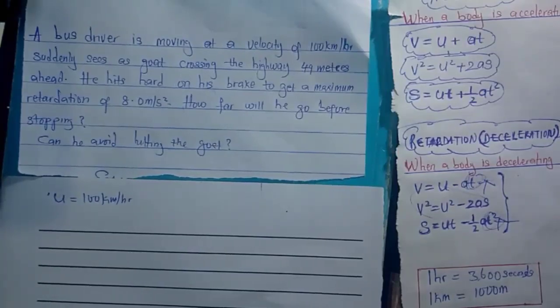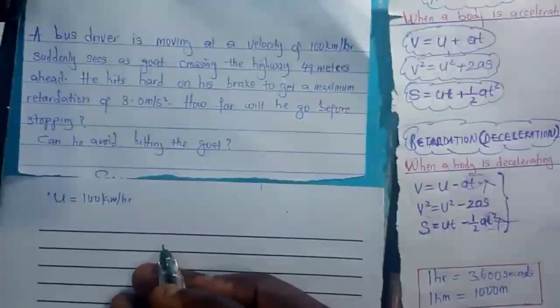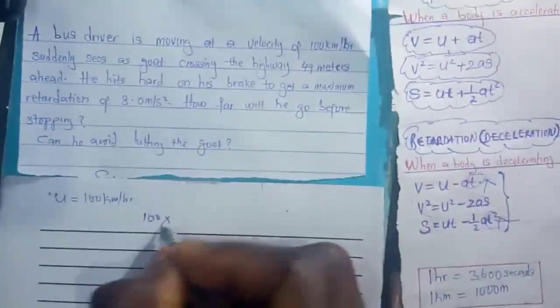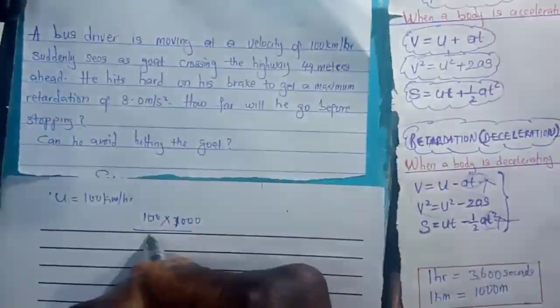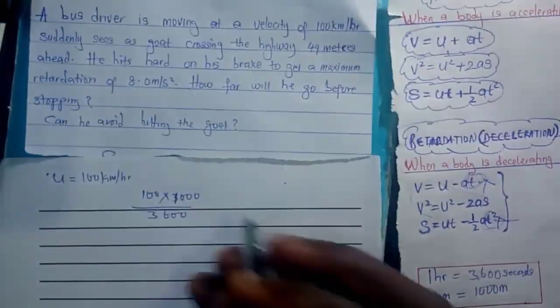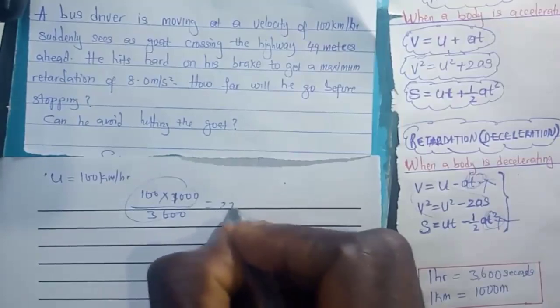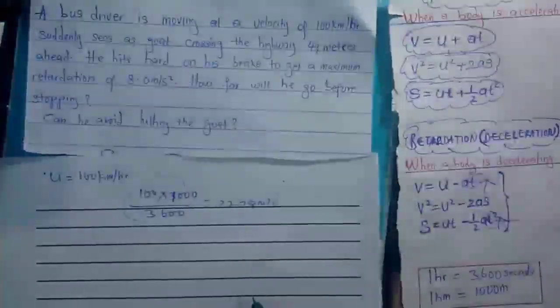And how do you do that? Whenever you are converting a value from kilometer per hour to meter per second, multiply that value in kilometer per hour, say 100 as given here, by 1000 and divide by 3600. When you carry this out on your calculator, you arrive at 27.78 meters per second.